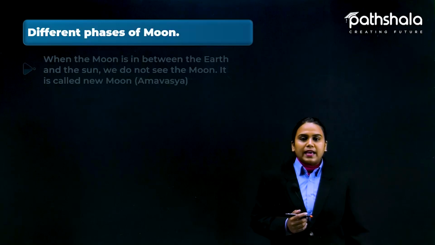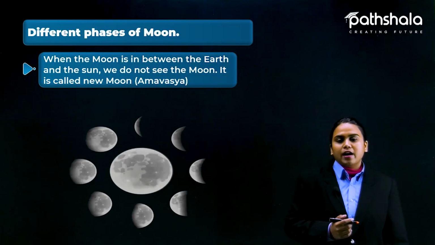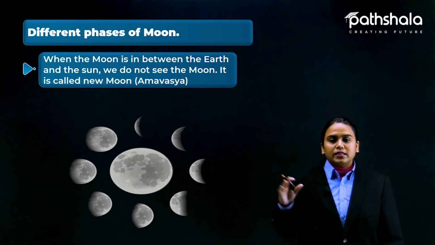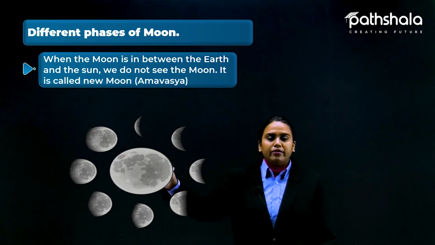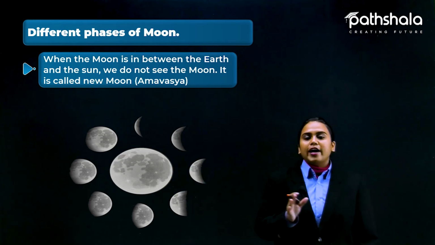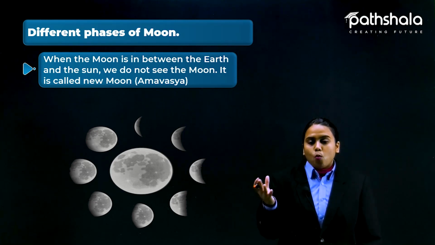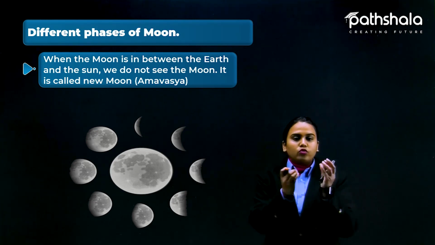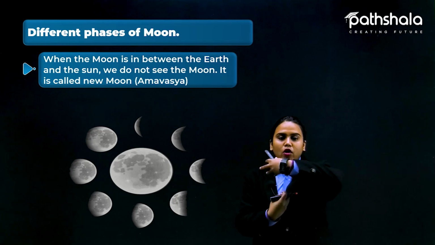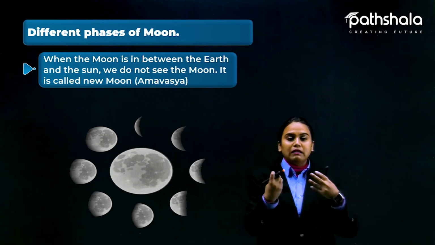Okay, students, its revolution and rotation are such that only one side of the moon always faces us. Yes, I can show you with the help of a diagram. Suppose this is the moon, in the center. We always see this kind of moon. We do not see the other side of the moon. Why? Because it rotates itself and revolves in a single orbit.